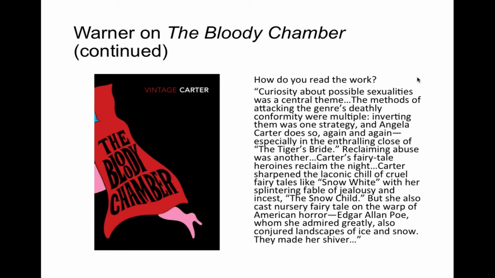Carter sharpened the laconic chill of cruel fairy tales like Snow White with her splintering fable of jealousy and incest, The Snow Child. But she also cast nursery fairy tale on the warp of American horror. Edgar Allan Poe, whom she greatly admired, also conjured landscapes of ice and snow. They made her shiver." So she's thinking about Carter's artistic craft here.